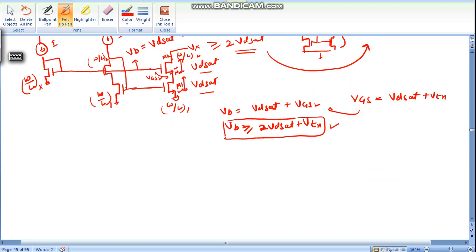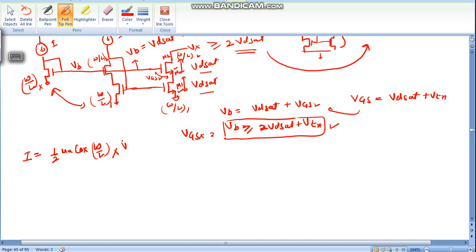Now we will compare these two devices. These are in saturation, and both have the same current. I equals half mu n Cox W by Lx, so this we want to generate. VB is this, so this is VB. So VB is VGSX.